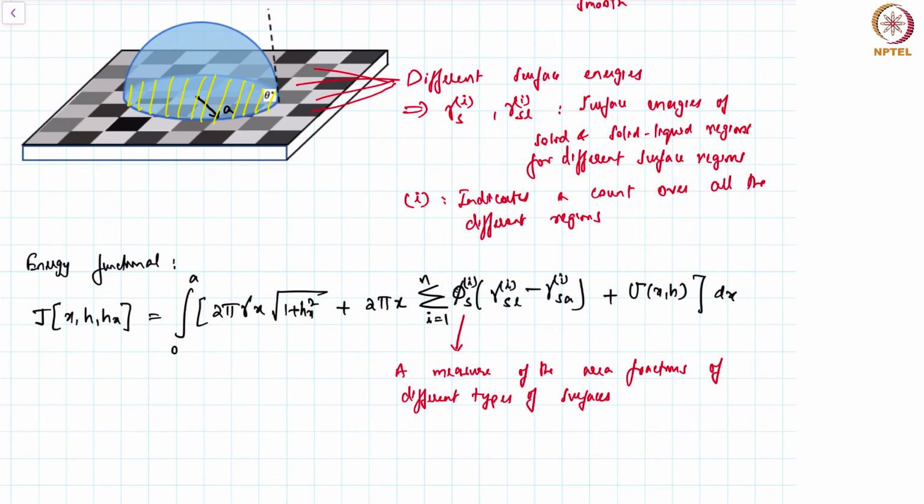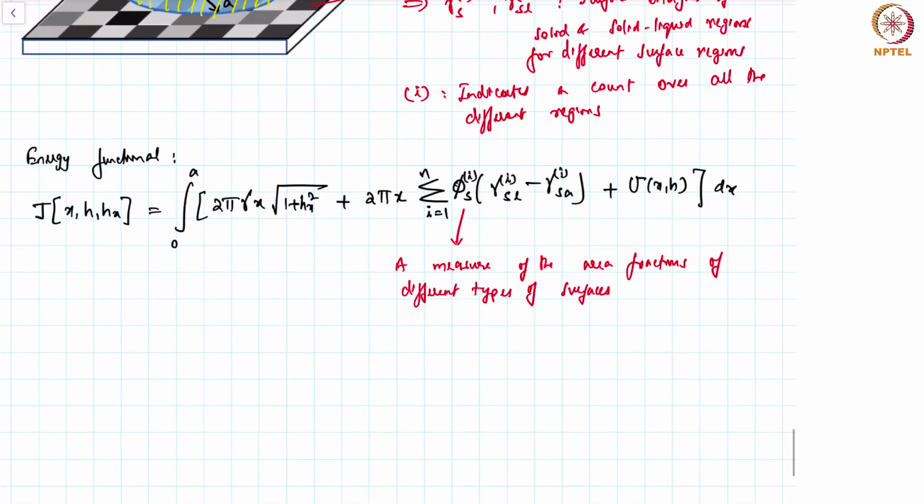That's why I've used the same parameter phi s. Phi s we had defined earlier as the area of the islands for a pillar-like structure to the projected area. There are little islands or pockets of surfaces of different chemical properties, and the chemical properties primarily influence the surface energies. Now we can basically take this expression and impose a volume constraint.